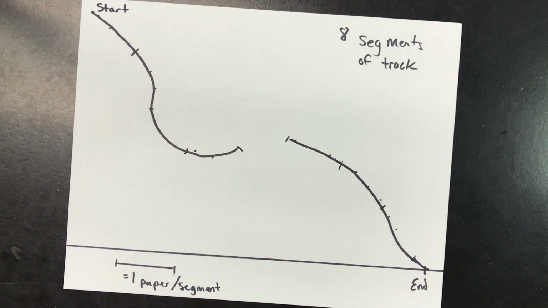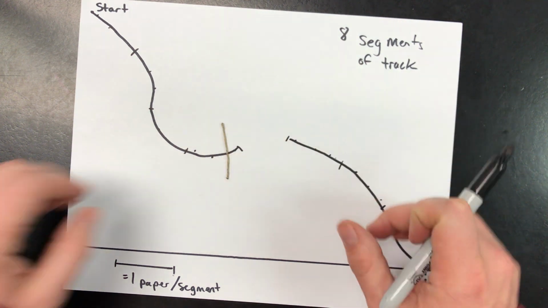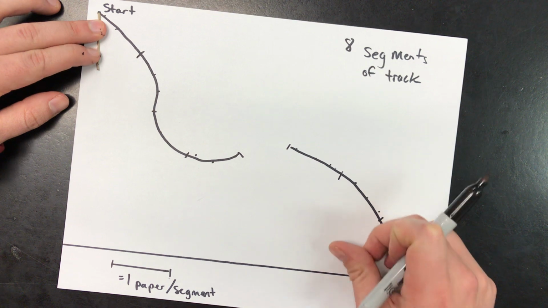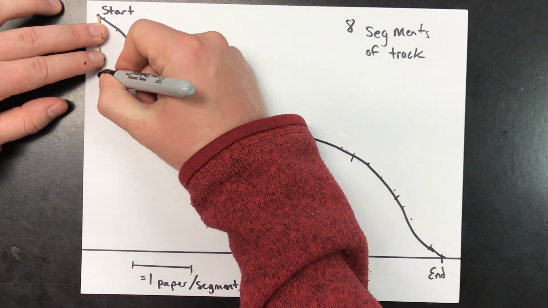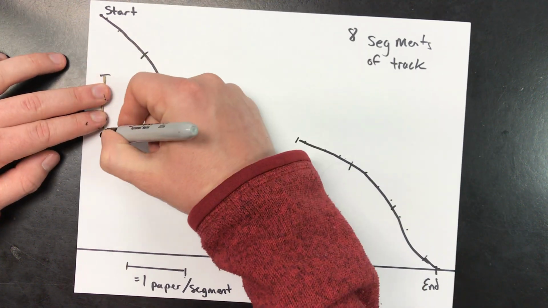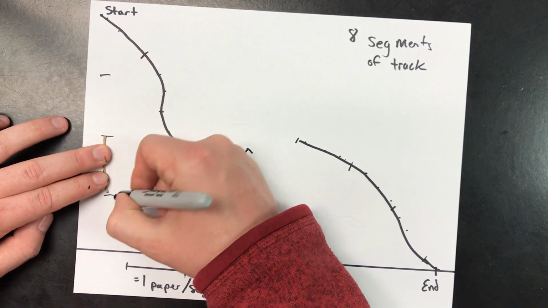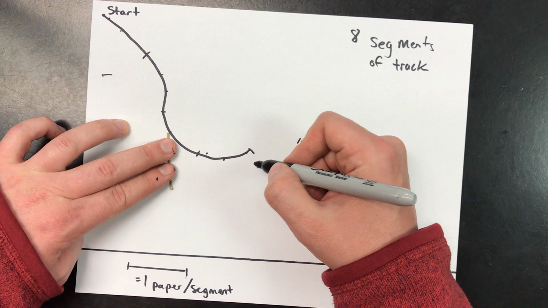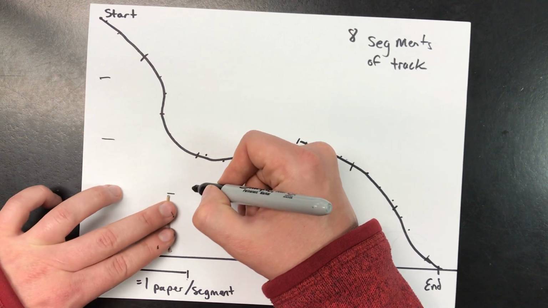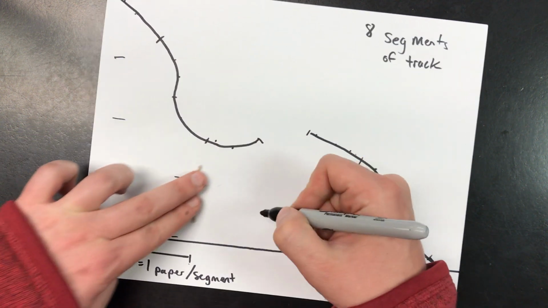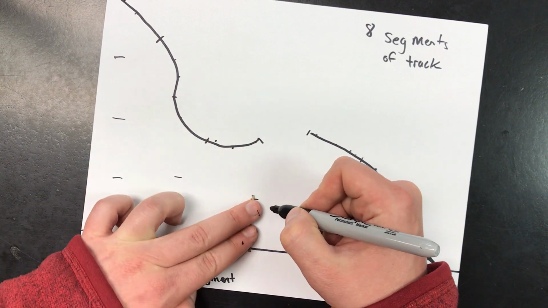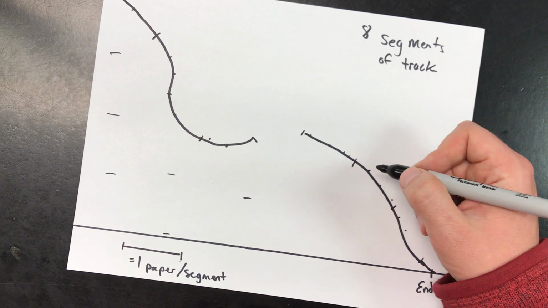I'm going to take my string and draw in some supports here. How many papers do I need for support? So 4. It's like 2 and a little bit. Two.